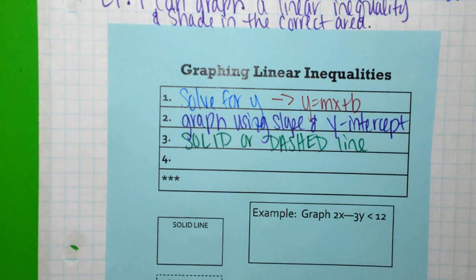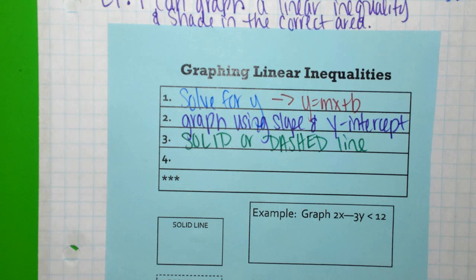So remember when we did inequalities and we had an open and closed circle? This is still the same thing. You're going to use either a solid or dashed line. When do you think you would use a solid line? When did we use the closed circle?